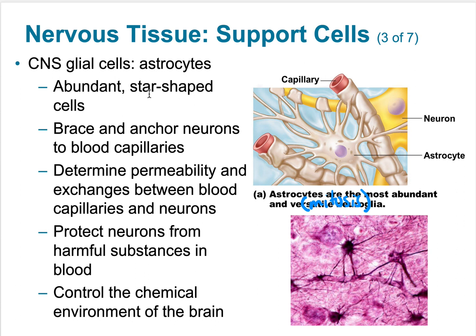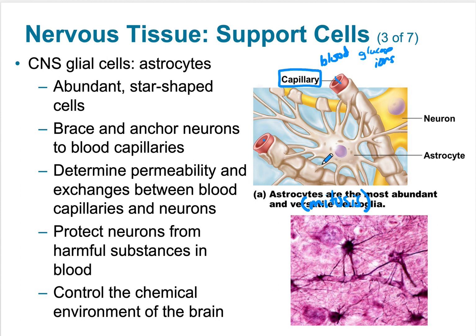They're really interesting cells because they help to brace and anchor neurons to blood capillaries. If you look at this picture, this red structure right here is a capillary, where blood flows through. Within blood is where you're going to have glucose and ions, and all the things that nerve cells might need.